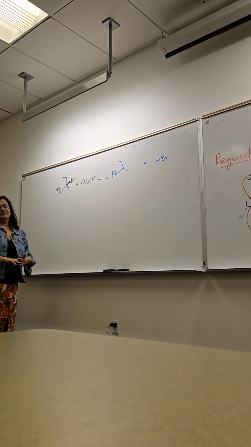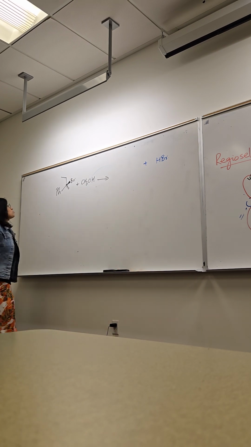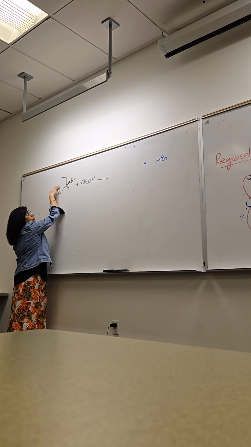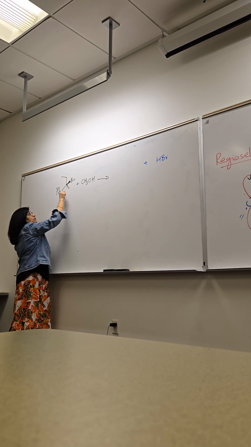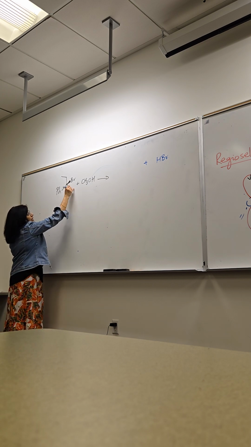Now I fixed it. Is it R or S? Priority 1, 2, 3, and 4 is in the back. So 1, 2, 3, is that R or S? R. Okay, cool.